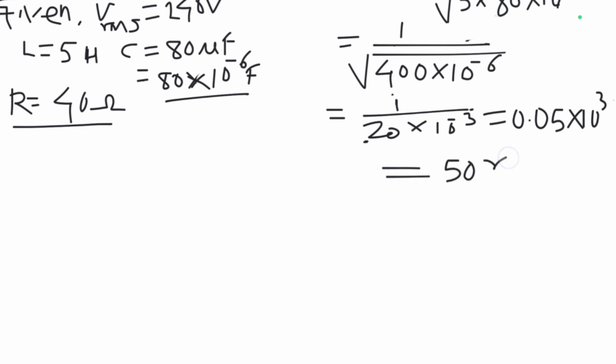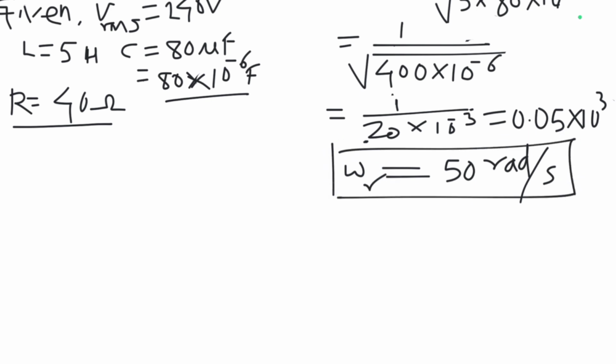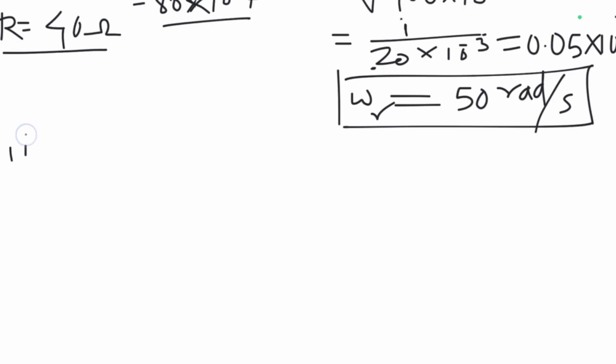So it will be 50 radian per second, that is omega r, the angular frequency. Fine. Now, current at resonance.